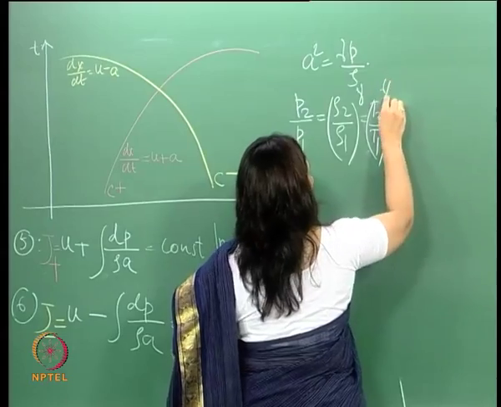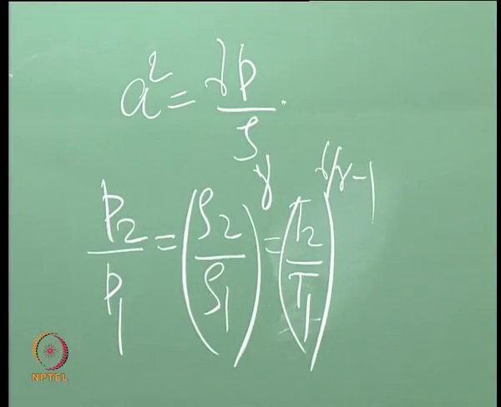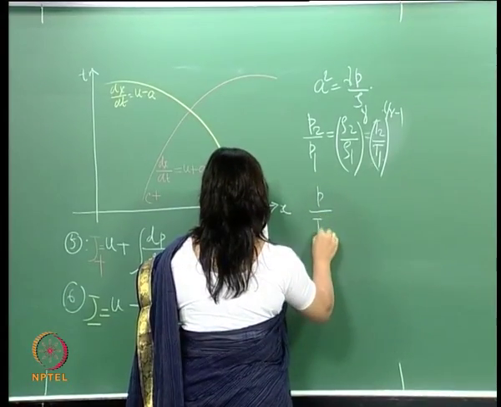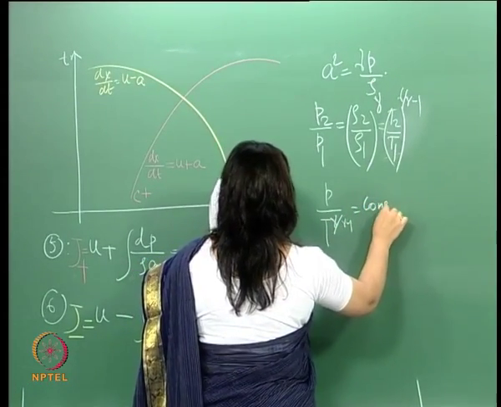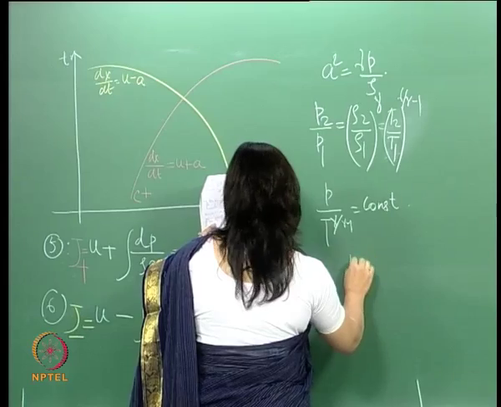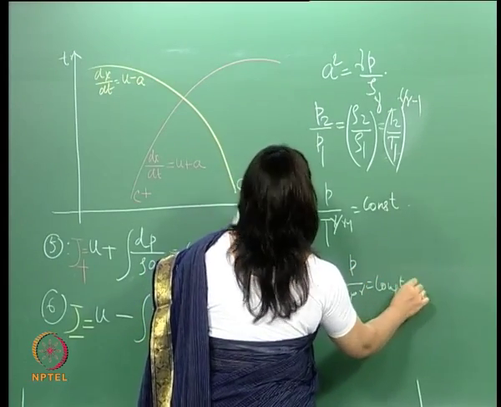This is what you get. So from here we can also get that p by T to the power gamma by gamma minus 1 is a constant, and p by rho to the power gamma is equal to a constant.